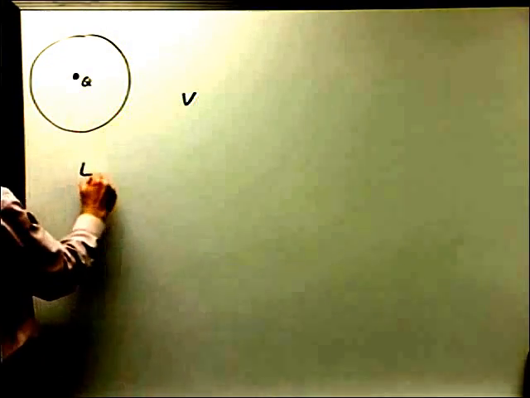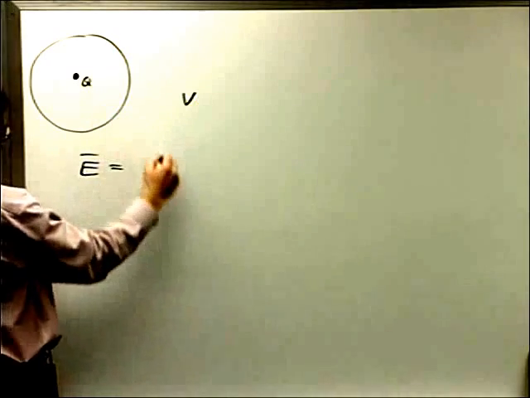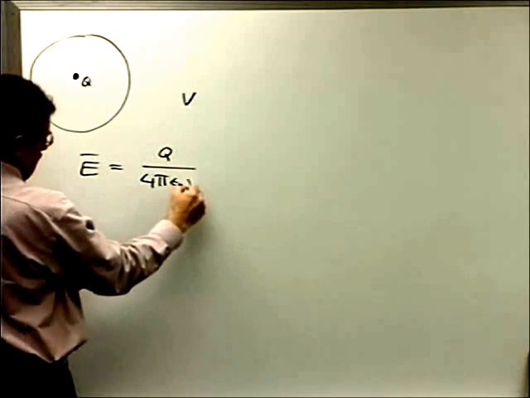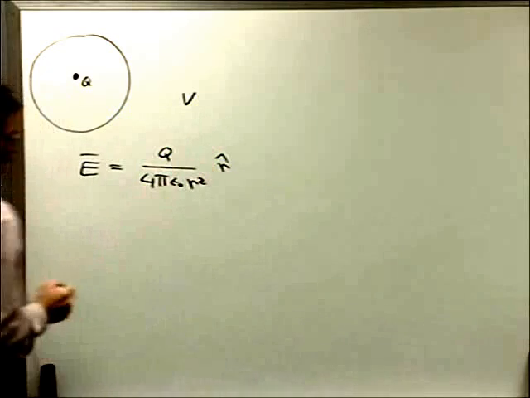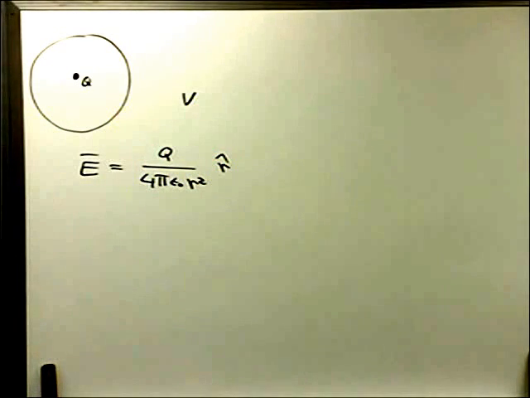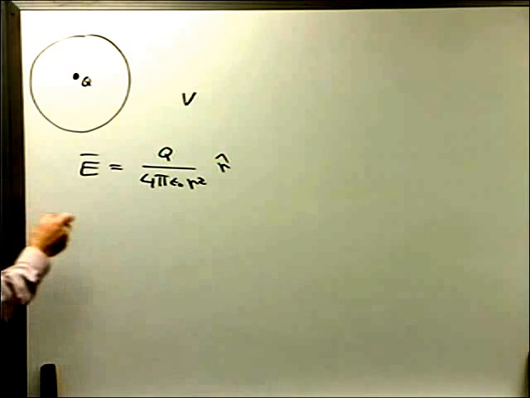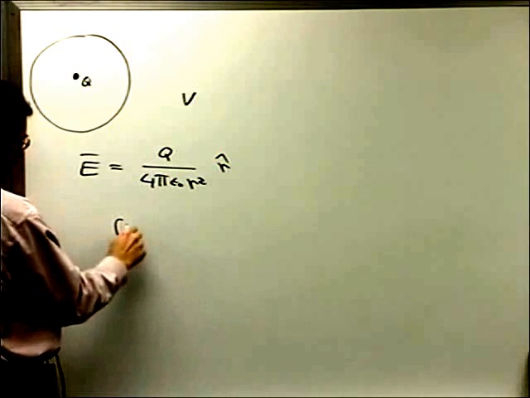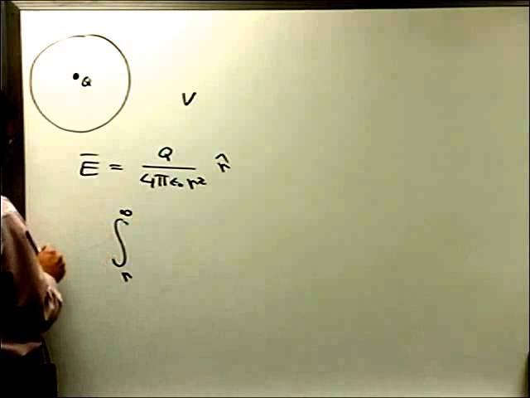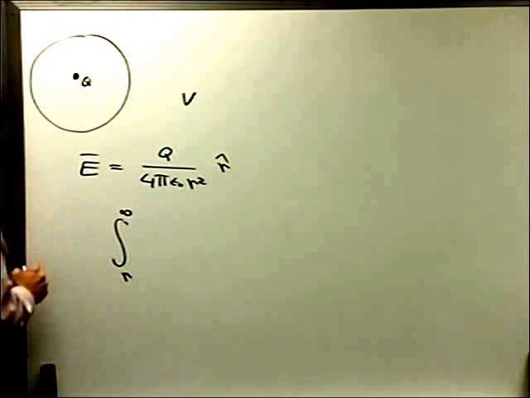Okay. So if you have a point charge Q, you're going to have an electric field that's basically given by Q over 4 pi epsilon r squared in the r direction. Is that consistent with what you're doing here? So if you want to know the voltage at some point, then you're basically going to integrate from that point, say r, to infinity, and that's your reference.